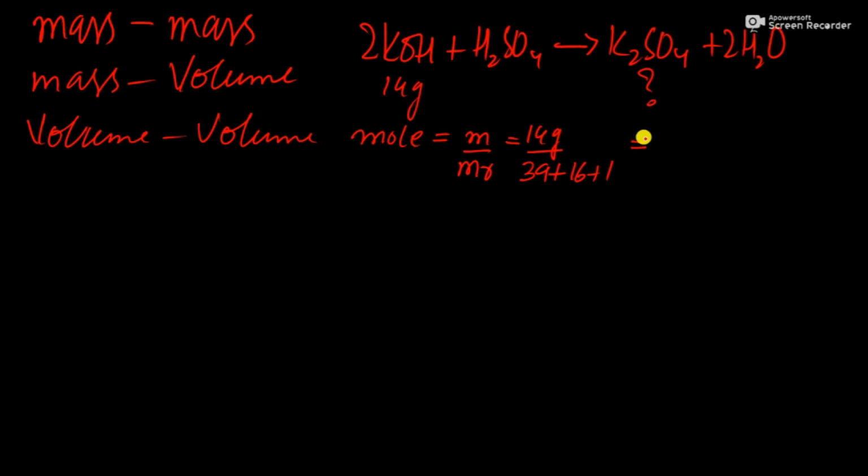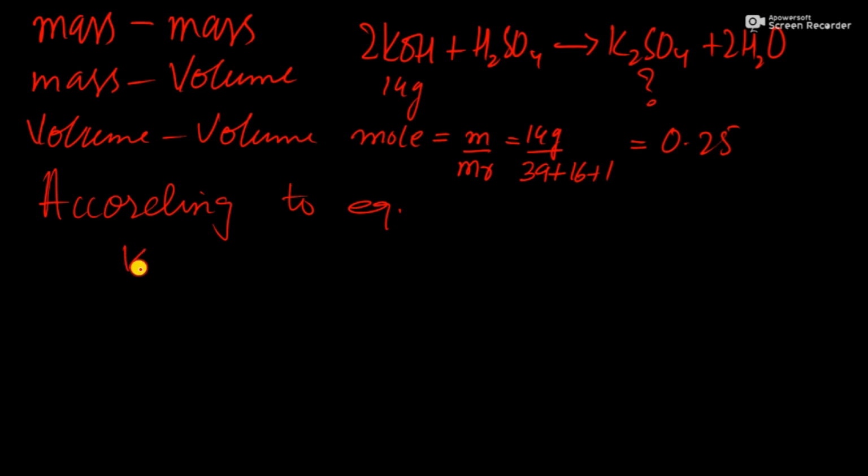These are the number of moles of KOH, and we have to find the mass of potassium sulfate. According to the equation, what is given to us? Potassium hydroxide, and we have to find potassium sulfate. So we just use these two, and the rest two will be left. We are not going to use these two.